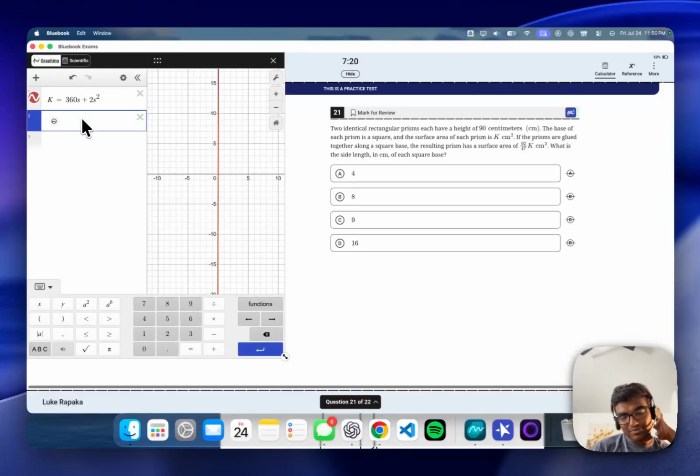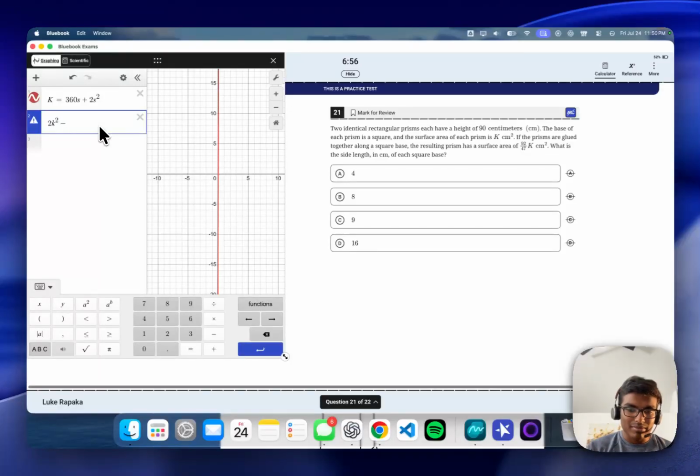Okay, so you're gluing the prisms, right? The square part of it in the middle doesn't count toward the surface area because if you glue them together, you're only counting the sides. So what you would do here is you would do 2K minus the two sides, right?